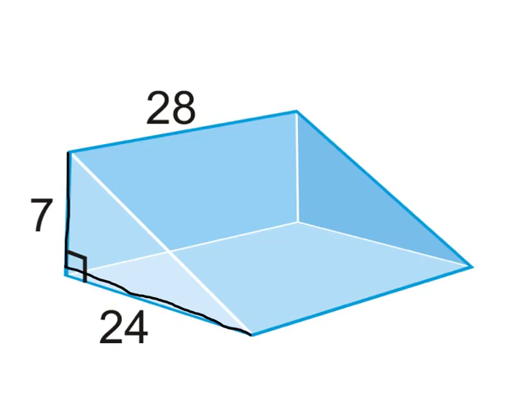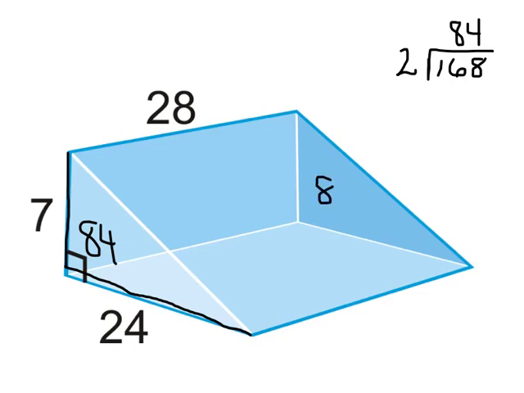And if I divide that by 2, because it's a triangle, 168 would be 84. All right, so this one's 84. And this one's 84.